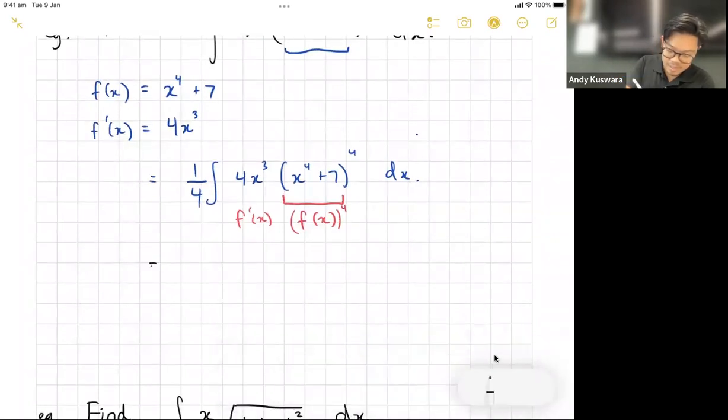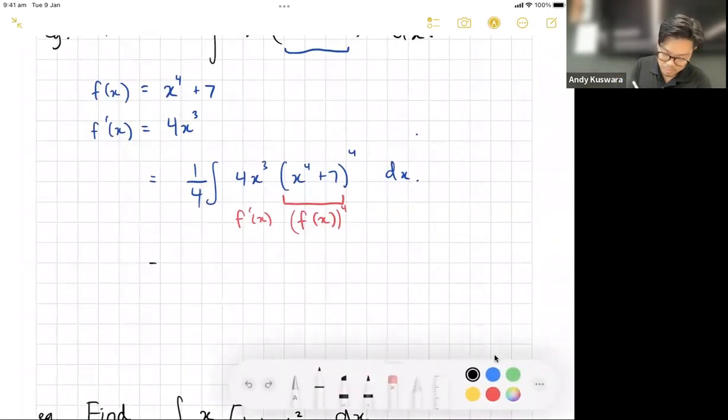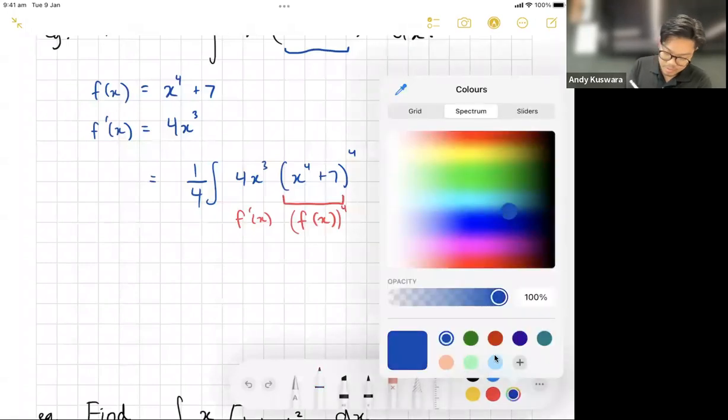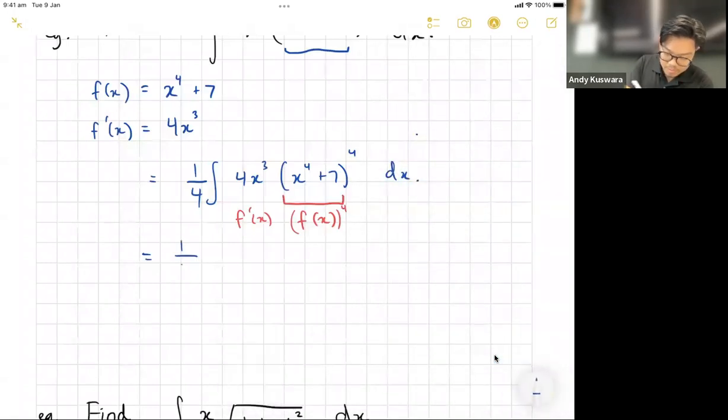I can see here that now it's just, okay, let's keep going with the blue. It's going to be a quarter of, and we know the integration should just be f(x) to the n plus 1 on n plus 1, plus c.